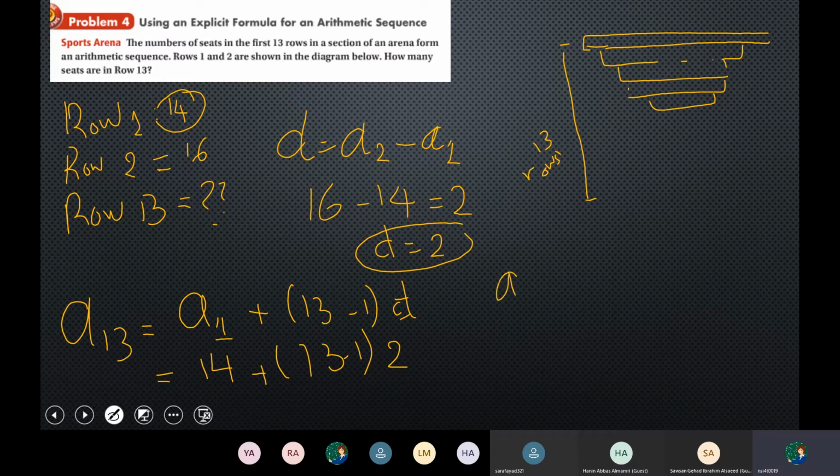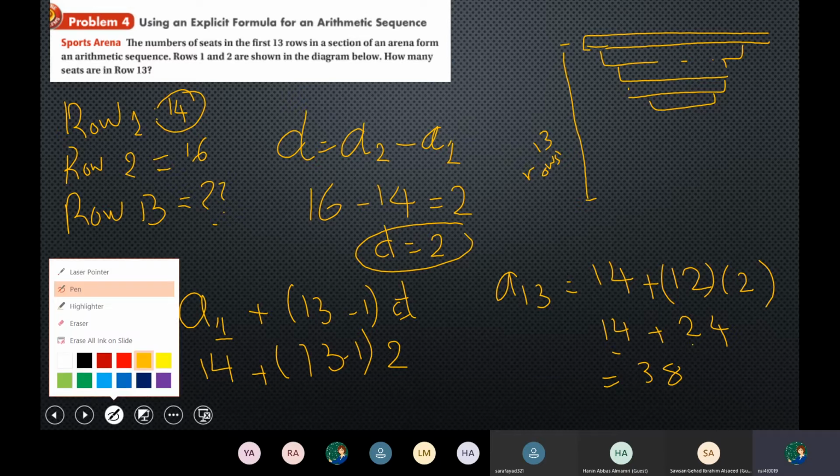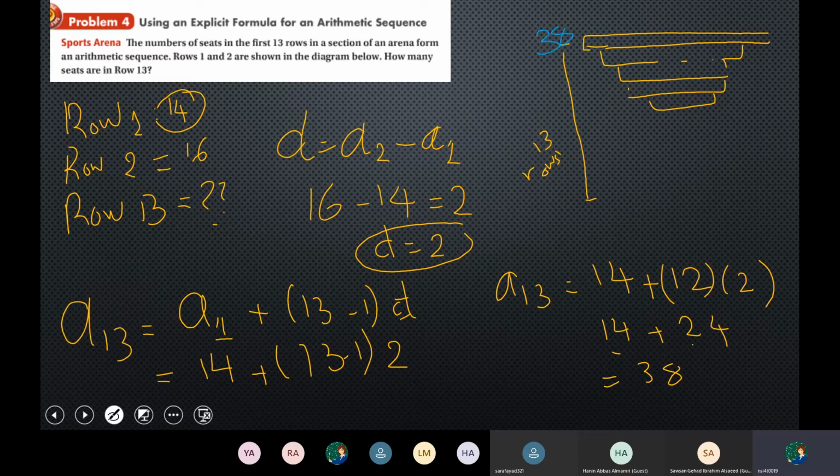Then a sub 13 is 14 plus 13 minus 1, which is 12, times 2. Don't forget, you have to multiply first, then add. 12 times 2 is 24, plus 14 is 38. So the number of seats in row 13 is 38 seats.